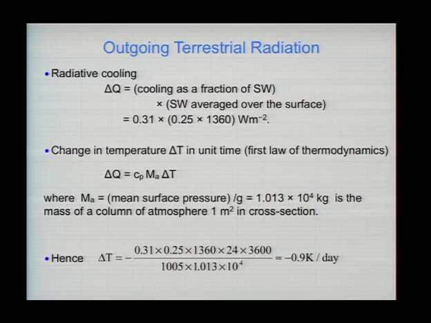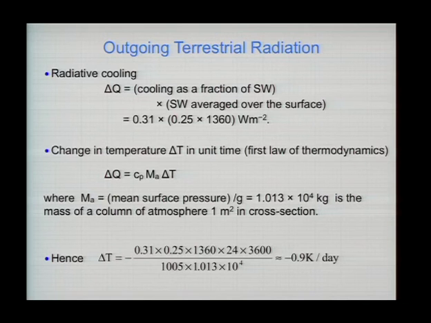If we assume that the volume remains constant, then that would be the relationship between the temperature and the heat. And the mass of the column, this is one of these problems that are usually set in your first meteorology class. You say, well, show that the mass of the air in some column is equal to the mean surface pressure divided by g. Mean surface pressure, that's a force per unit area, and it's divided by an acceleration, force per unit area.